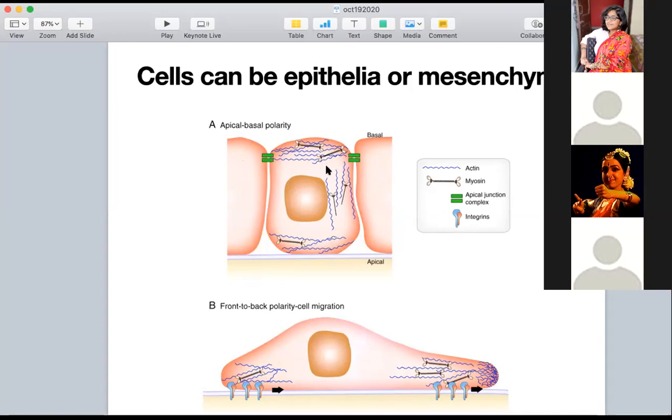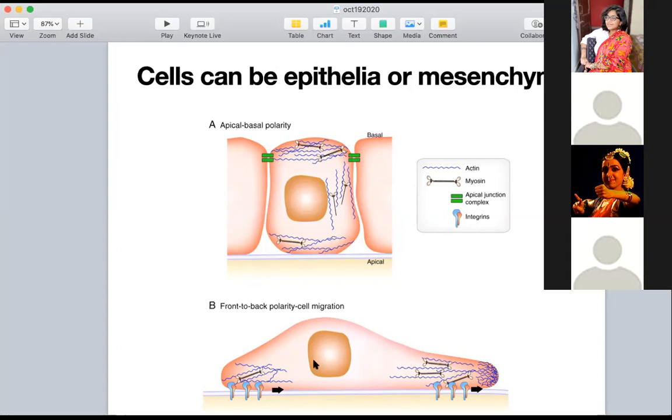And they have these networks of actin on the apical side of the cell. Okay, and so essentially when you talk about apical and basal sides of cells, what you're thinking about are epithelia. Mesenchymal cells do not have to have neighbors. They can be quite solitary. They migrate, so they're migratory.